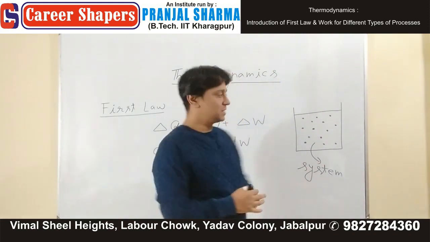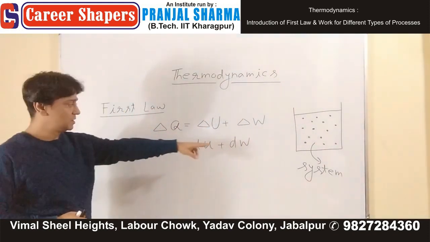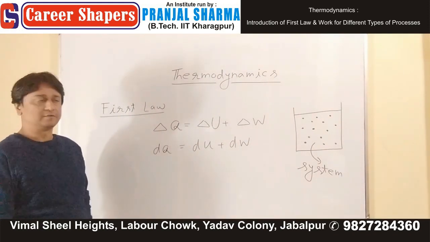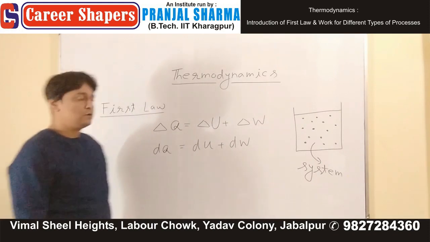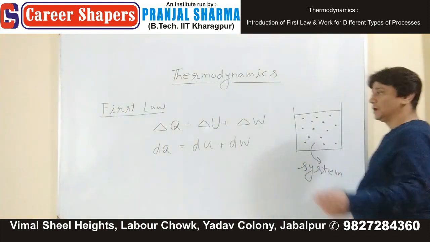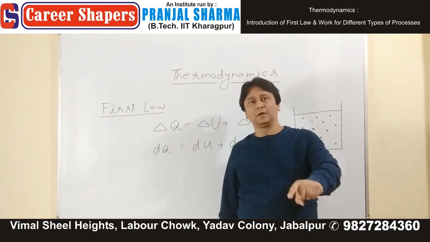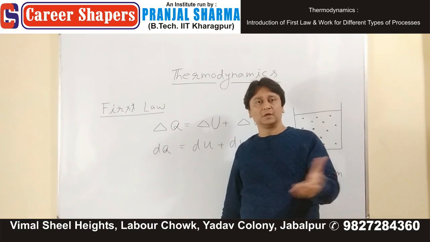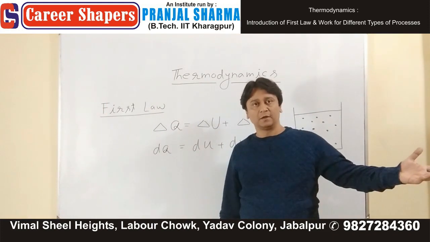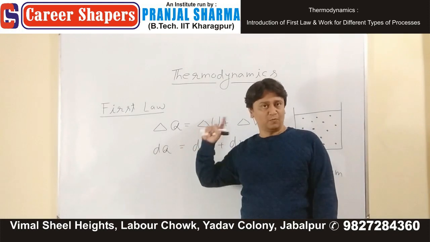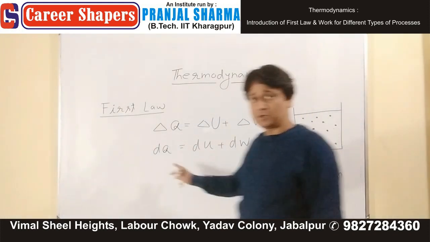If heat is supplied to the system, dq is positive. And for the cup of tea, which is rejecting heat, heat is coming out, and therefore dq is negative. This is the meaning of dq.